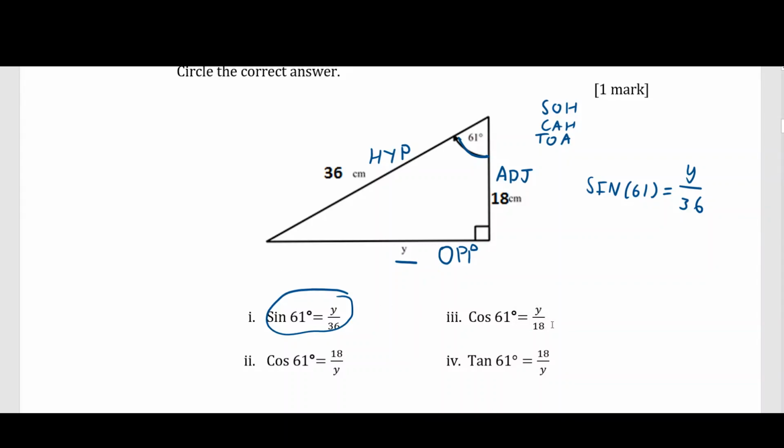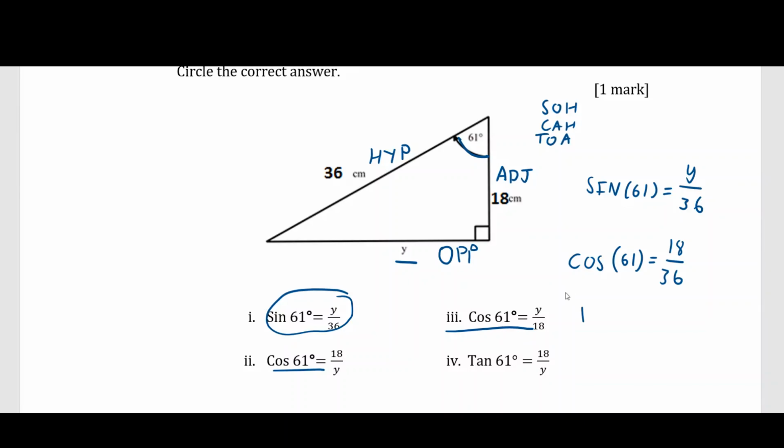So let's have a look. What's the cos of 61? The cos of 61 is equal to the adjacent on hypotenuse. The adjacent is 18, yeah, over the hypotenuse, 36. So nope, that one's wrong. This one here is wrong. That one's wrong as well.